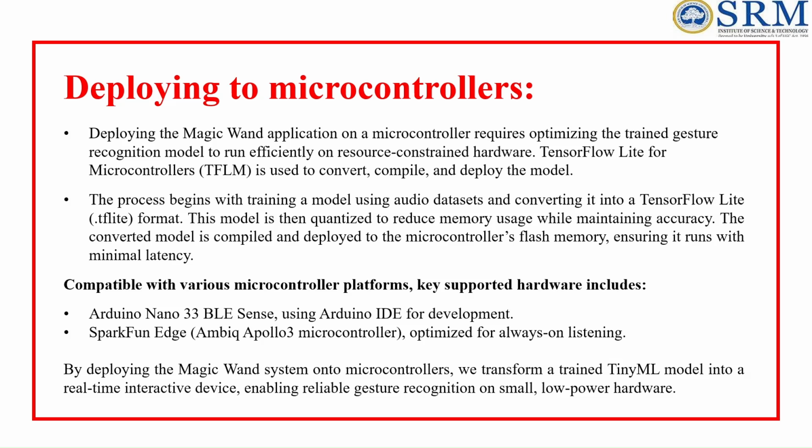The process usually looks like this. First, we train the model, often on a computer or in Google Colab. The trained model is then converted into a TensorFlow Lite model. This makes it fit into small memory. The model is then quantized, meaning the numerical precision of the weights is reduced, usually from 32-bit floats to 8-bit integers.